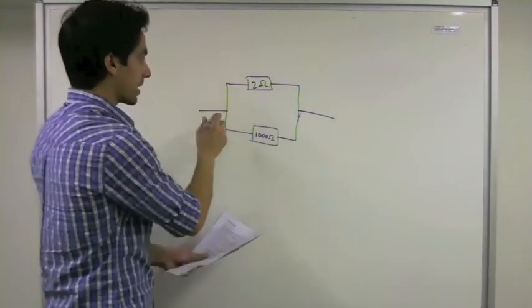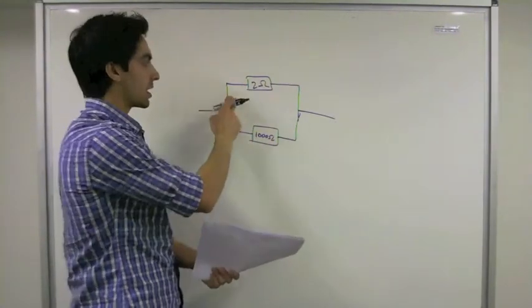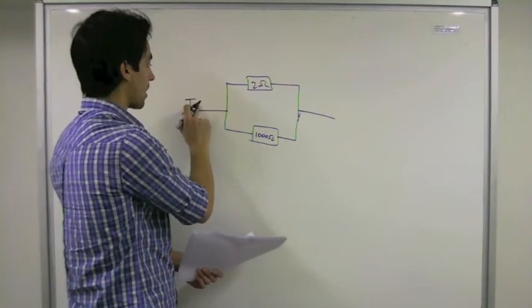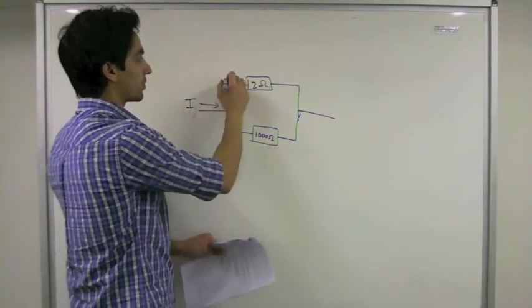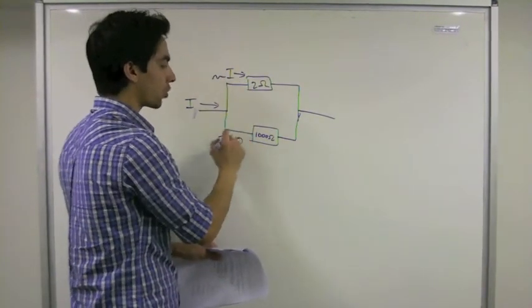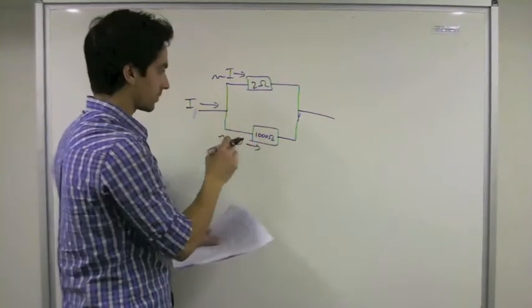I can imagine that there is such a big obstacle here that most of the current would definitely flow through here. So if I have I flowing over here, I would have roughly I flowing here as well, and roughly no current flowing through this large resistor.